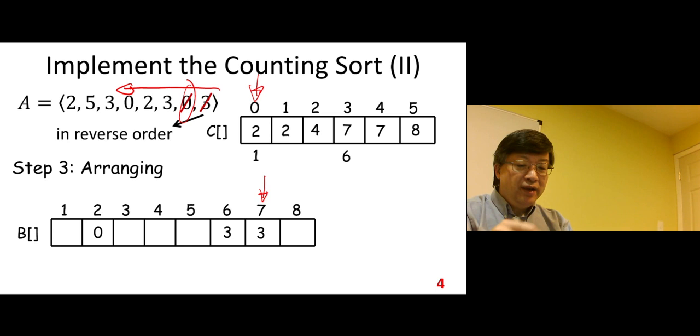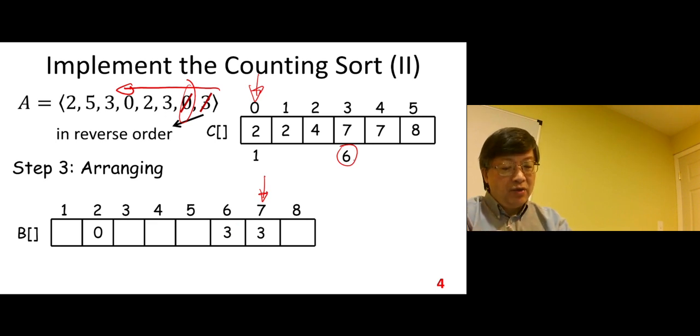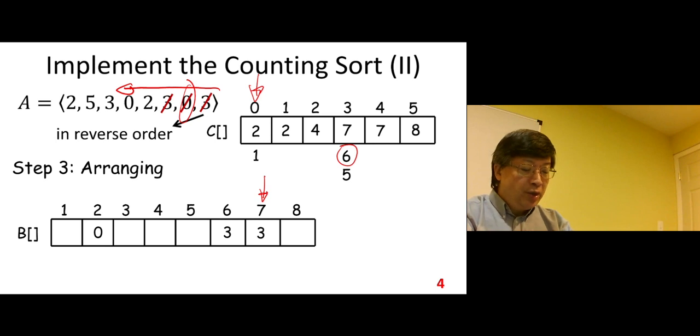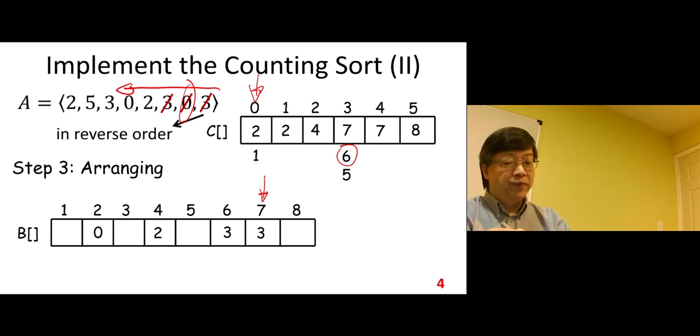Next one, 3, but this time the position number is 6. So you place it at position 6. Then decrease 6 to 5 and cross out that value. Next one, 2. You get position 4, right? So you place it in position 4.